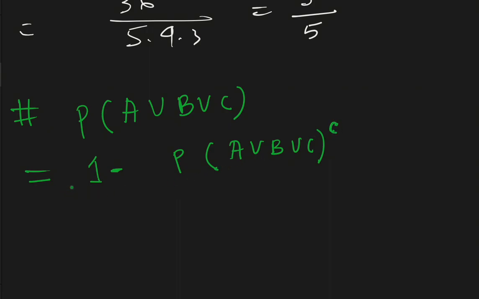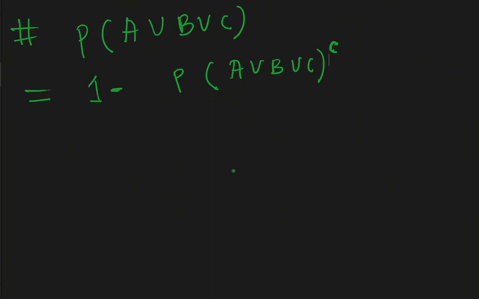From the probability rule, we know that P of A union B union C means this. Now from De Morgan's law, we can write this as P of A complement intersection B complement intersection C complement. From these to these we use De Morgan's law.